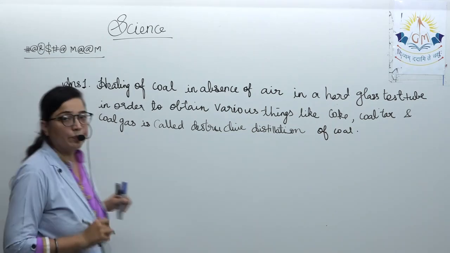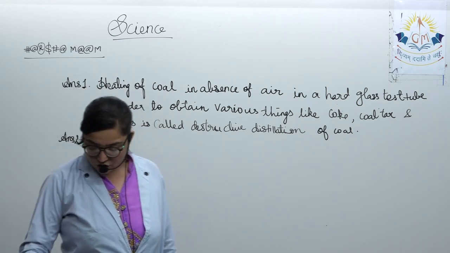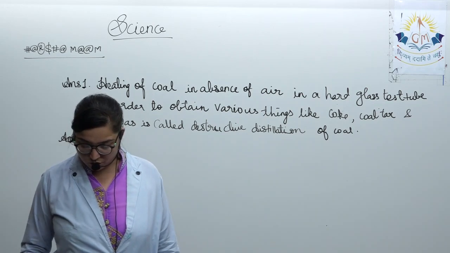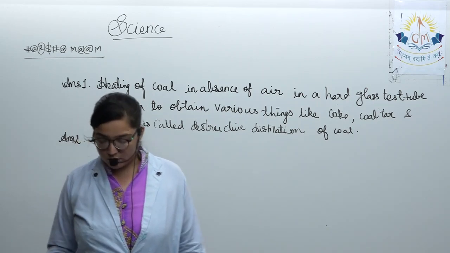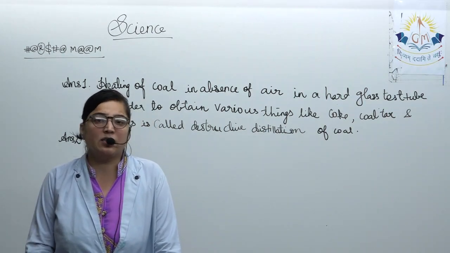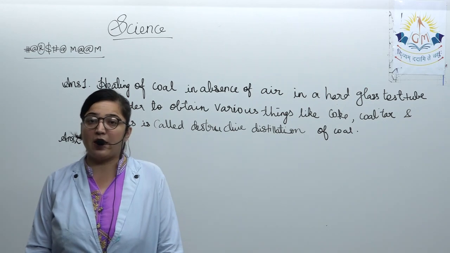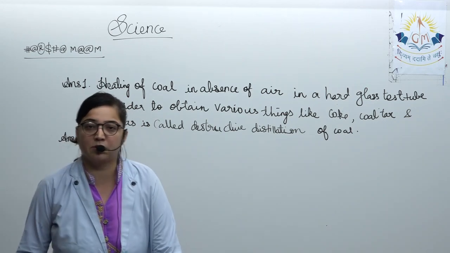Coming to the second question. Mention two uses of coke. Coke is used as a reducing agent in metallurgy and it is used as a fuel in domestic purposes.